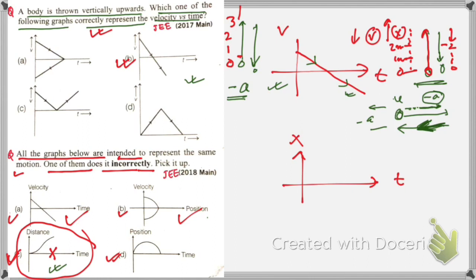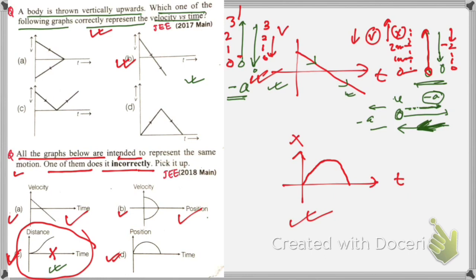Position is increasing with time, like that. Again, while it is going downward, then 3, 2, 1, 0, it is coming in reverse, right, with time. So this graph also satisfies this situation, this type of motion.